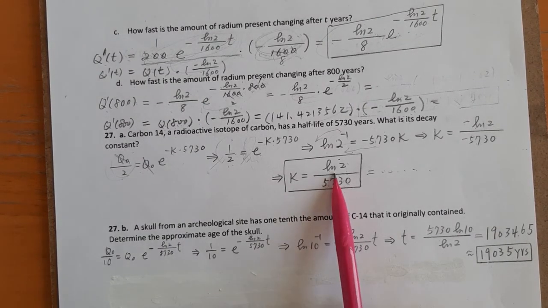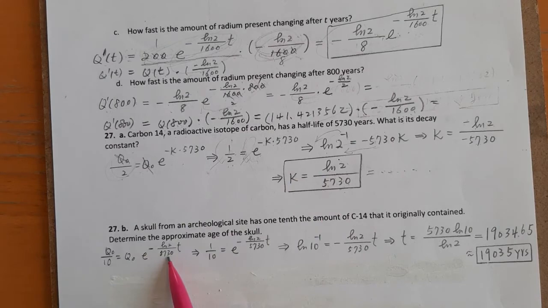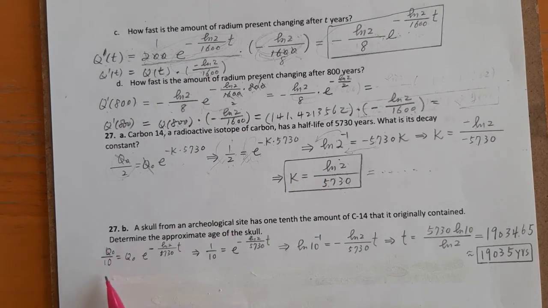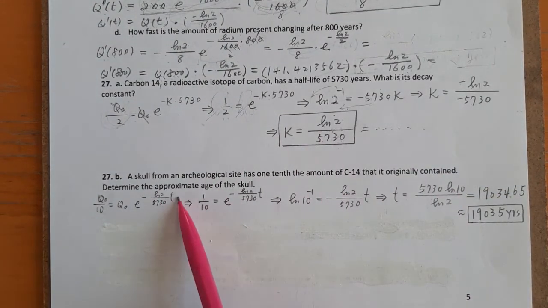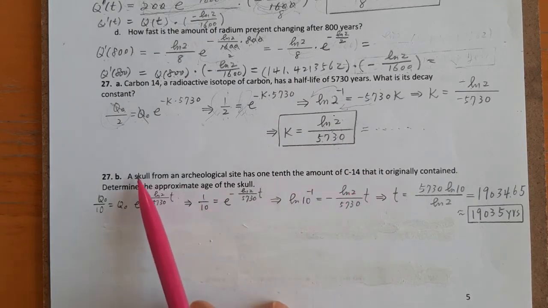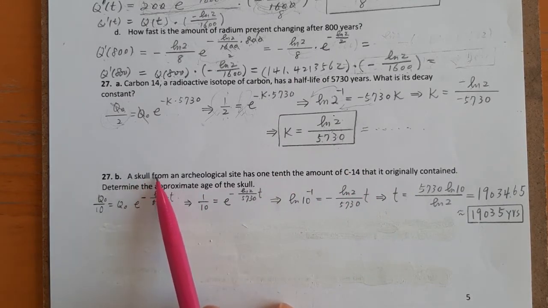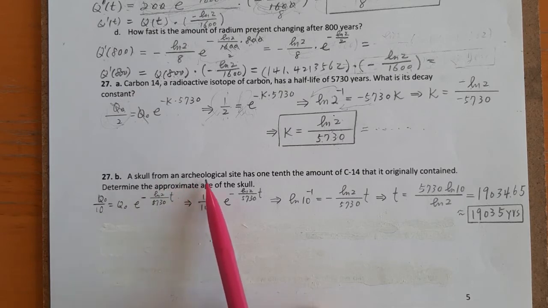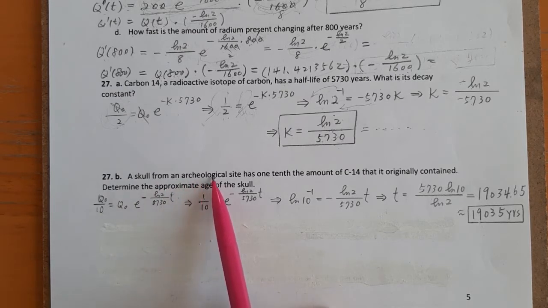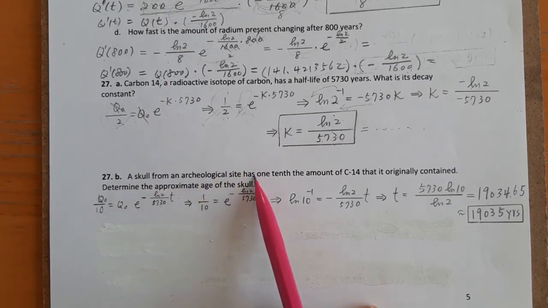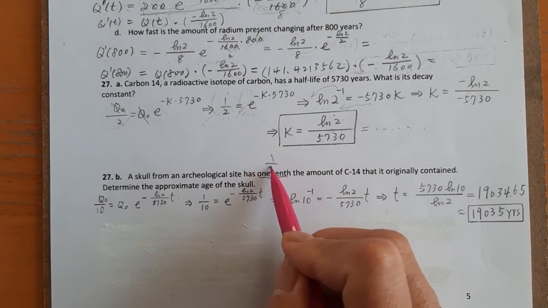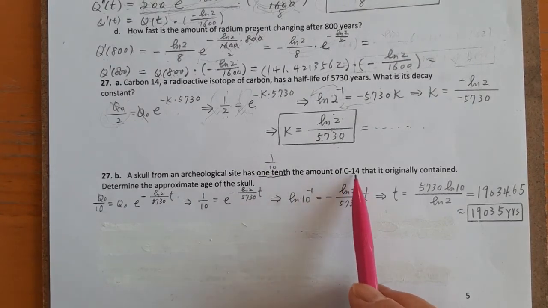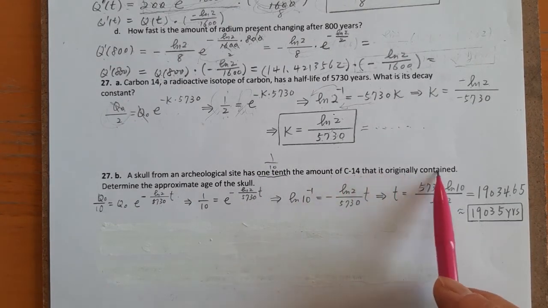Then plug this into the formula. You get Q equals Q0 e to the power negative k times t, where k is this. And a score from an archaeological site has 1/10, which is 1 over 10, of the amount of C14, the original content.